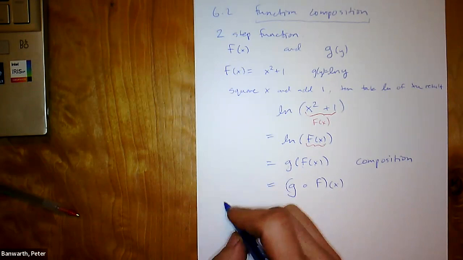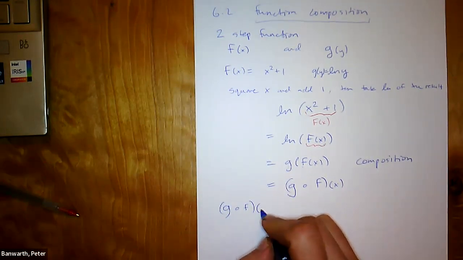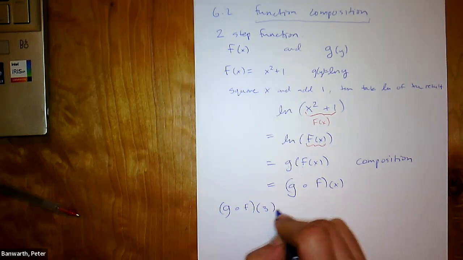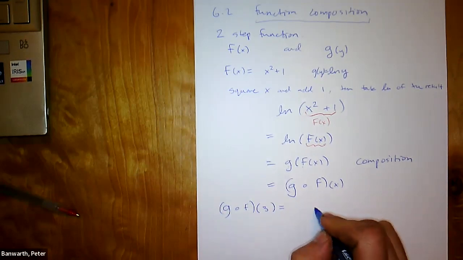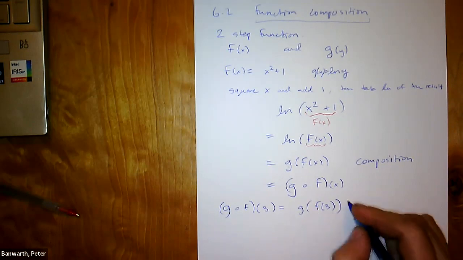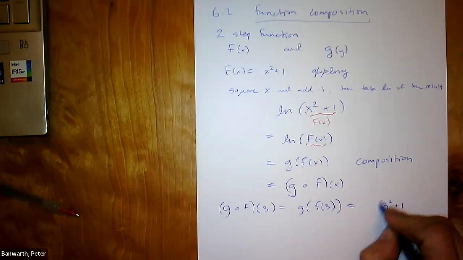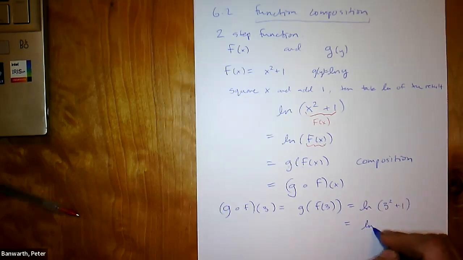So I could ask you, for example, what's g composed with f evaluated at 3? And that just says, okay, do f of 3 and then do g of the result. F of 3 is 3 squared plus 1. And g of the result is natural log. So that's natural log of 10, which is something close to 3.